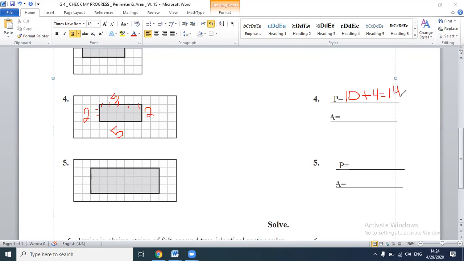Be careful. The area, just multiply length by width. 5 times 2 equals 10 square units.